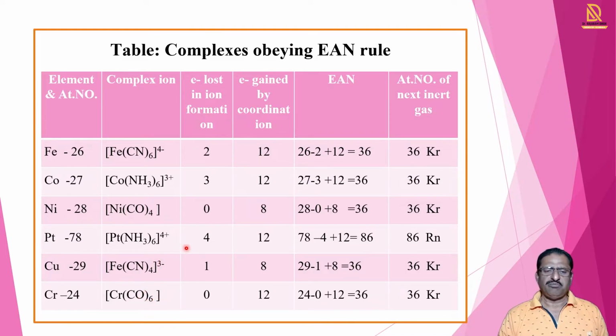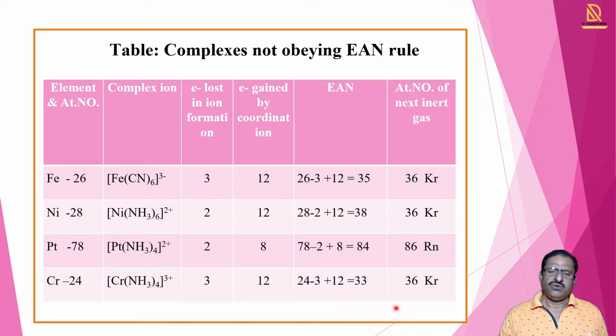These are some examples. You solve all the examples by using the same formula, Z minus N plus 2 into coordination number. By solving this, we get EAN 36, 36, 36, 86, 36, 36. So these all are examples of complexes which obey the EAN rule.